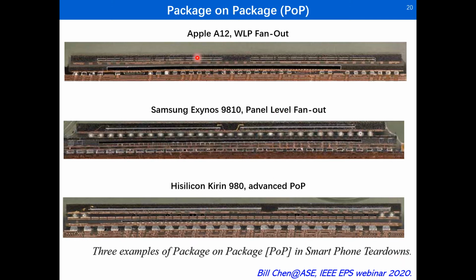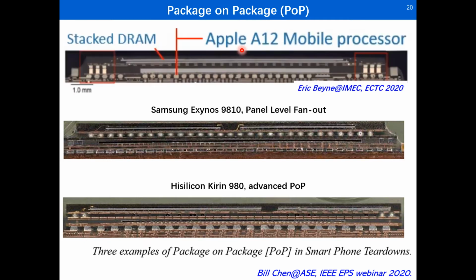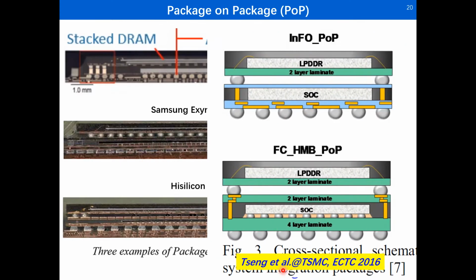The structure of Apple A12 shown here is not very easy to understand, and I found another picture in this year's ECTC conference presented by Eric Beyne from imec. We know that both Apple and Huawei require TSMC to make chips for them. And this figure from TSMC in an ECTC proceedings can explain their structures.